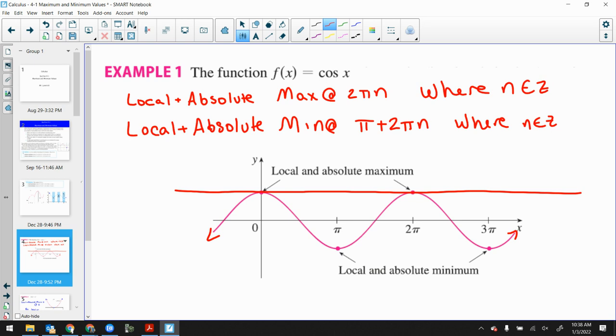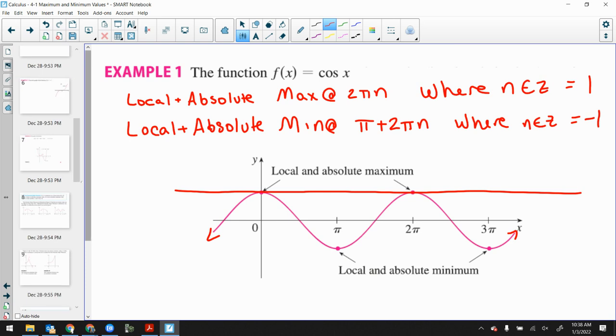What is the y value at 2 pi n? 0, 4 pi, 6 pi, 8 pi, it's 1, right? The actual maximum value is 1. What's the actual minimum value? -1. See, we should state those things. We should be a little bit more specific when we write them. We should really define not only where it's happening, but what it is. Give both the x and y coordinate of where it's happening.